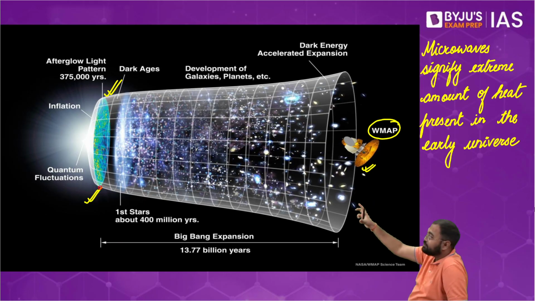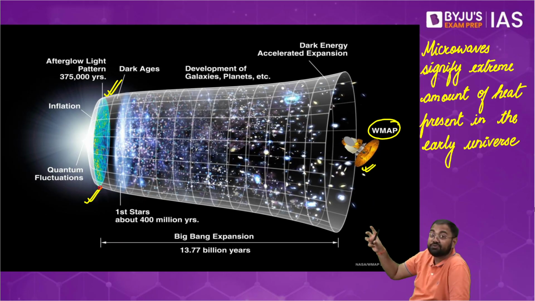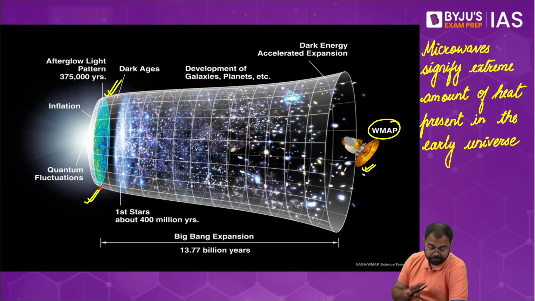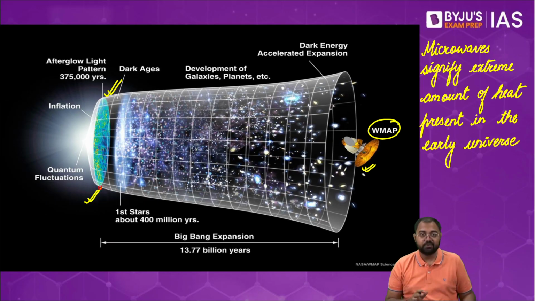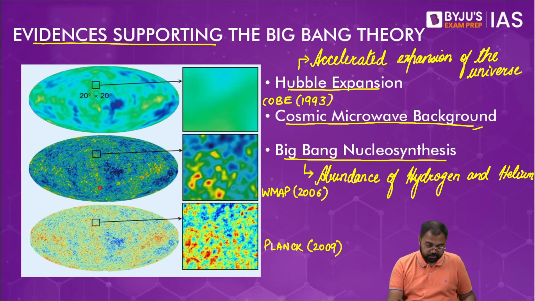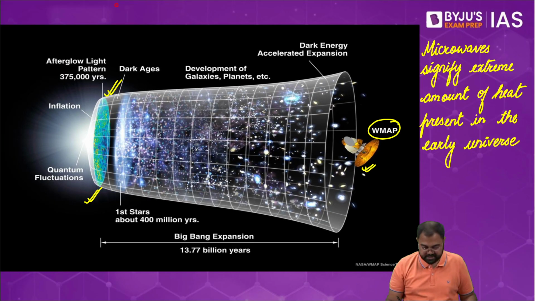So those microwaves, they signify that there was a lot of heat present in the early part of the universe. All right. So that's why cosmic microwave background becomes a very strong evidence that supports the Big Bang theory. Understood? So this is basically what it is.